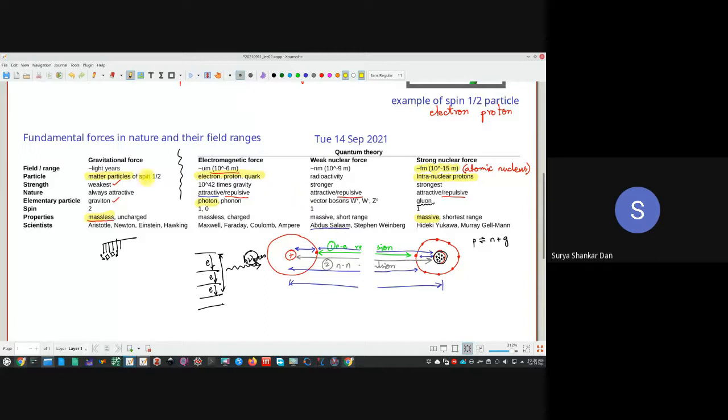But it will inherently be attracted by the earth, and it will fall on the ground, is defined by gravitational force. As simple as that. Now this force transmission happens through graviton.